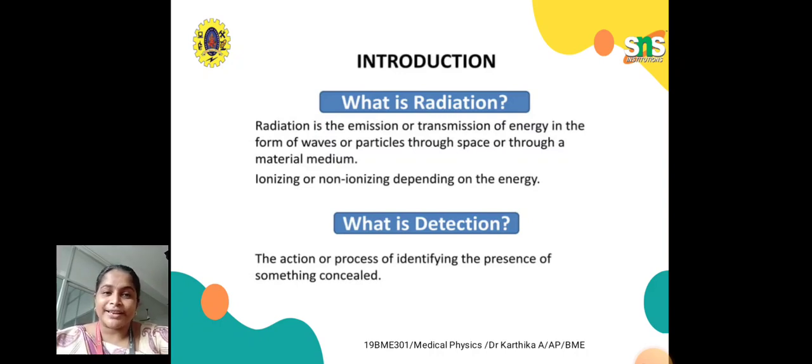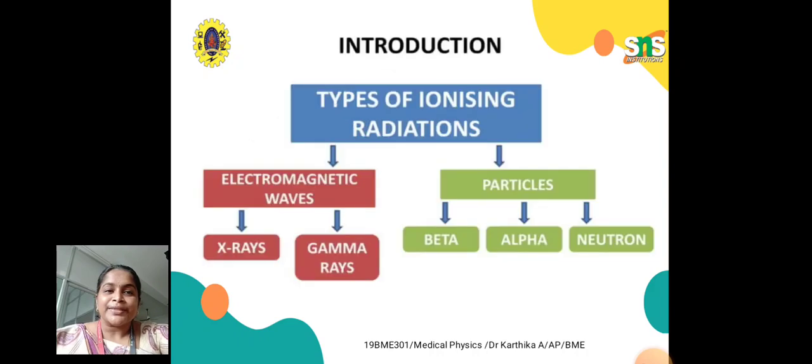Here we have radiation detectors. And what are the types of radiation detectors? Already we have discussed, we have both ionizing and non-ionizing. In ionizing we have electromagnetic waves, in this we have x-rays, gamma rays, and also we have particles. Here we have alpha, beta and neutrons.